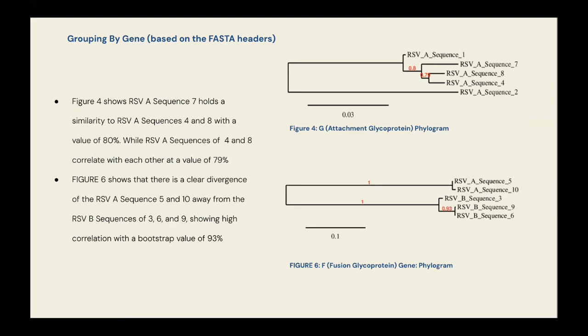Figure 6 shows that there is a clear divergence of the RSVA sequence 5 and 10 away from the RSVB sequence of 3, 6, and 9, showing high correlation with a bootstrap value of 93.